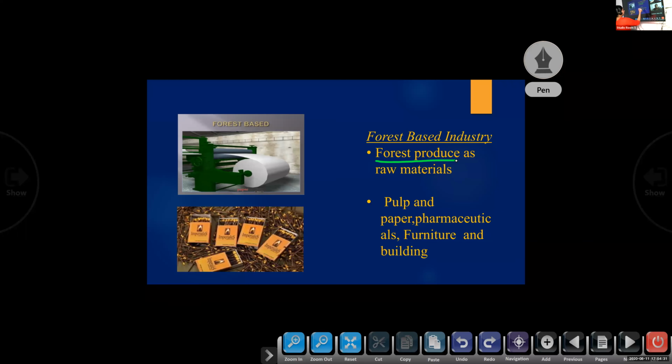What are the products that we get from forest-based industry? Pulp, paper, pharmaceuticals, medicines, furniture, buildings. Clear?